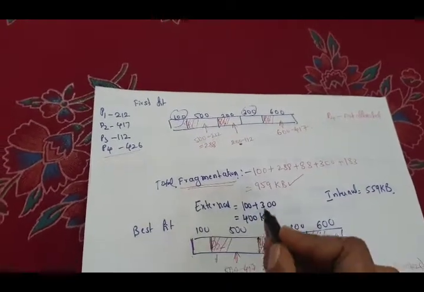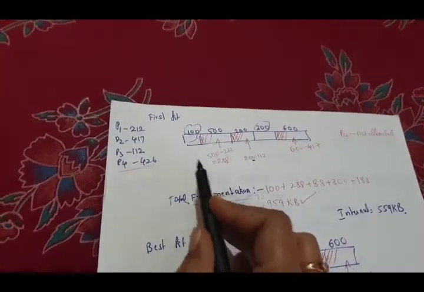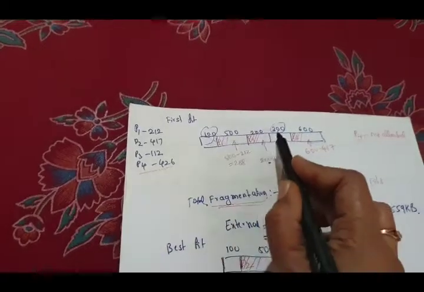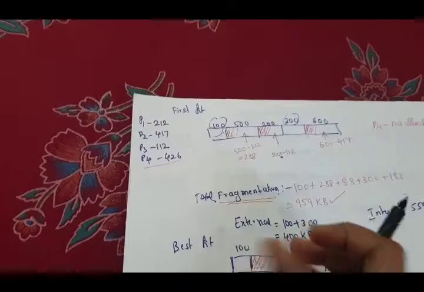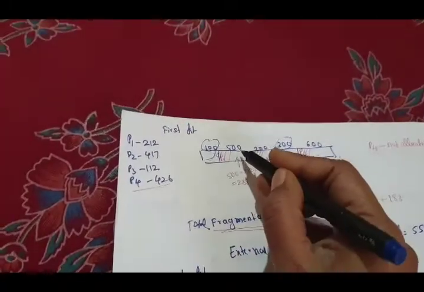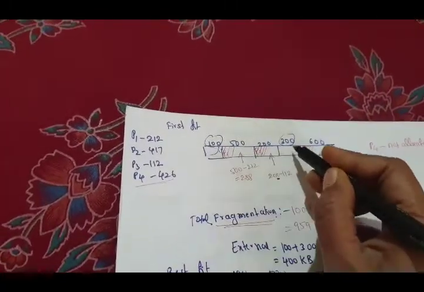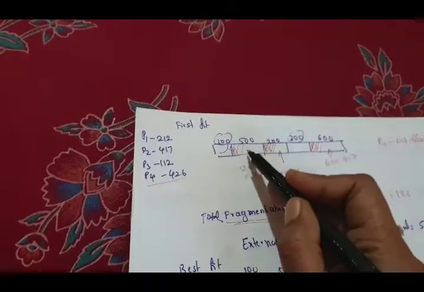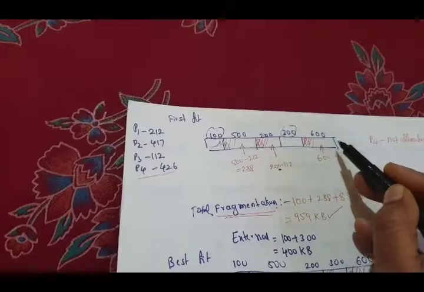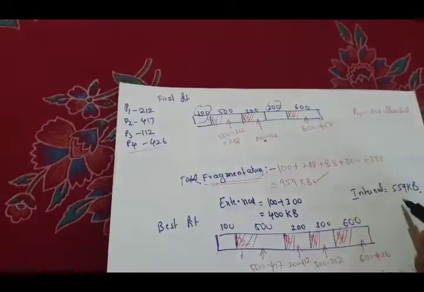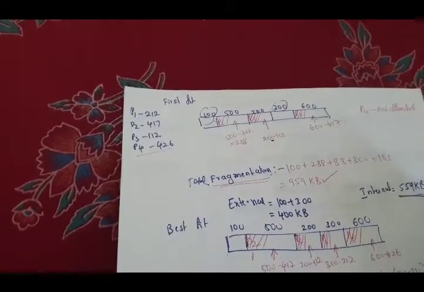So here you can understand that external fragmentation is the whole blocks left out in the main memory, 100 plus 300 as whole blocks, whereas internal is the sum of all small holes left out within these partitions, which gives you a total of 559 KB.